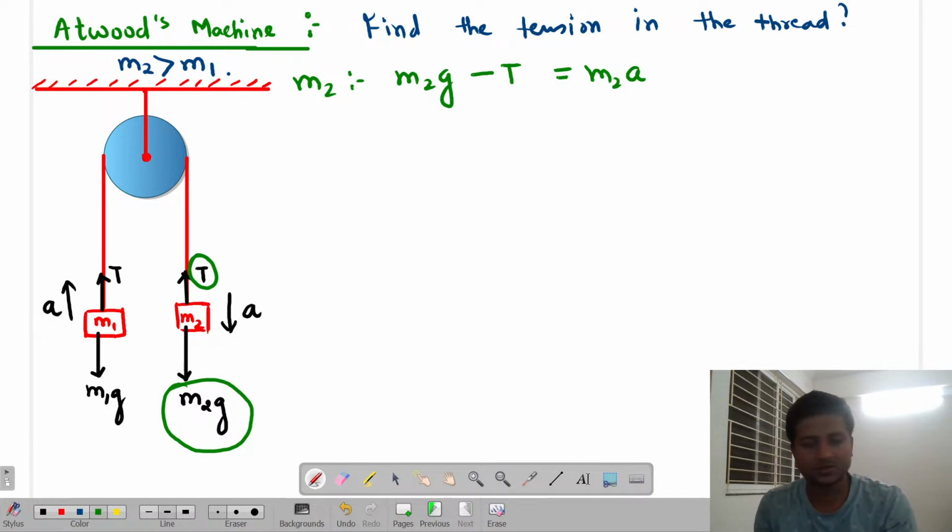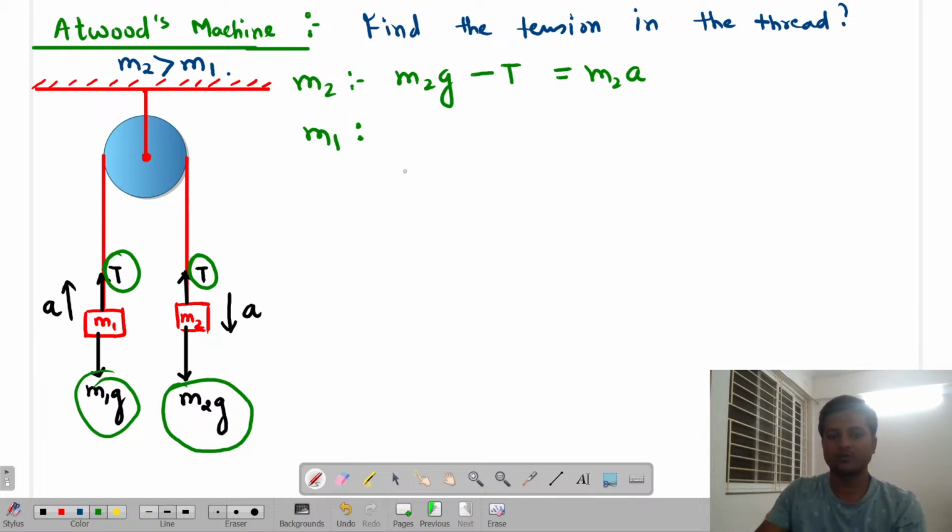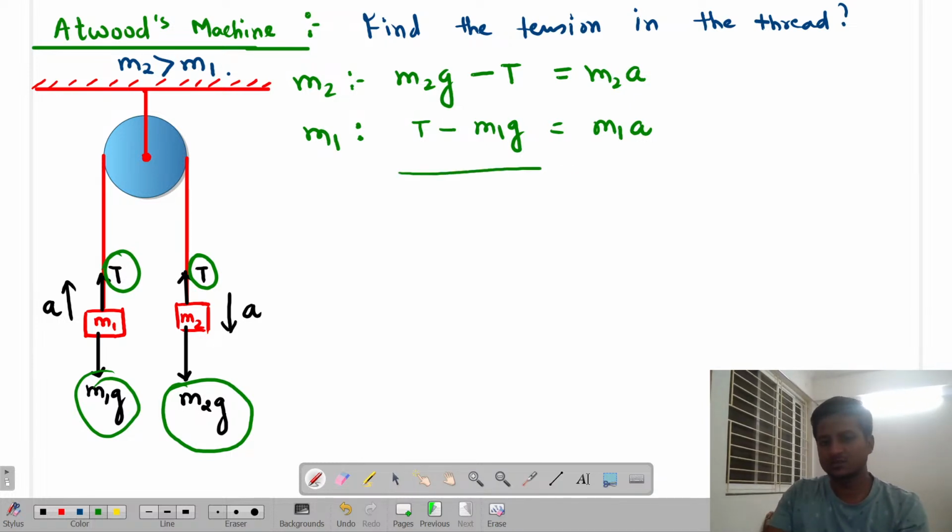Similarly, if I look at M1, here the accelerating force becomes T, but the repulsing force becomes M1g. So the equation becomes T minus M1g is equal to M1 into acceleration a. That means I can combine these two equations.